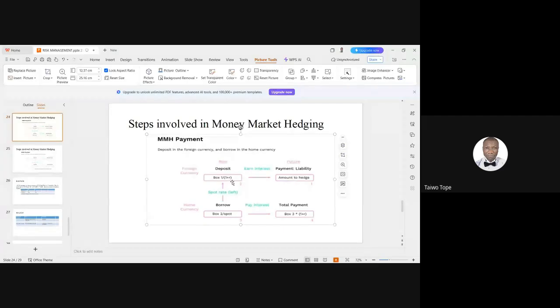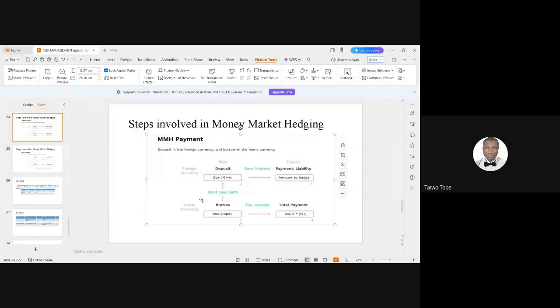One plus what? This is the foreign currency that you want to pay. Now, this foreign currency, what will you do? You convert it to your home currency using what spot rate? The spot rate at the left. In the other one, when it was received, it was the spot rate at what? The right. Take notes of that.